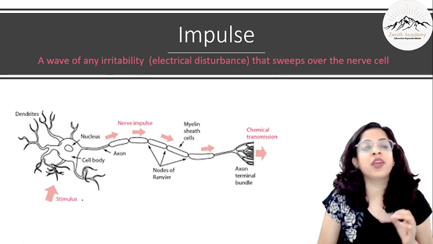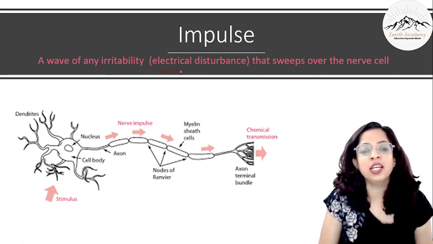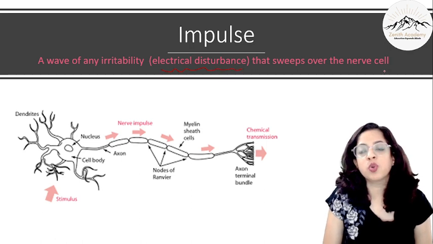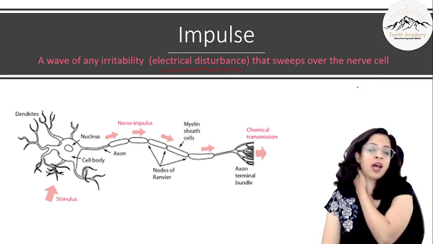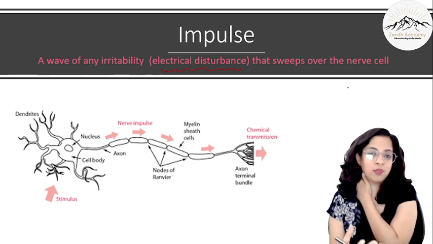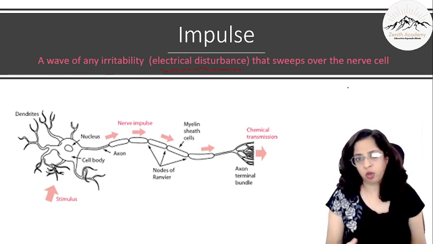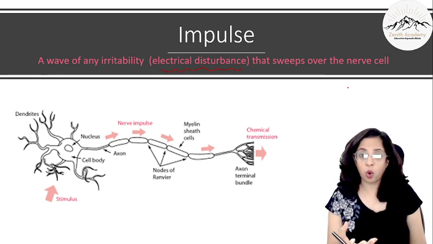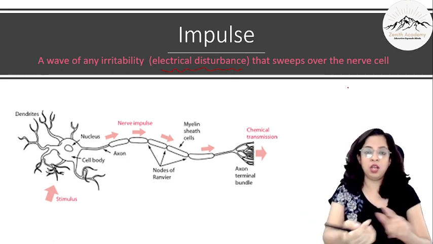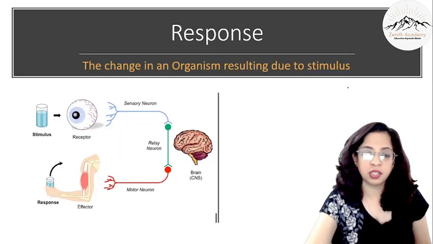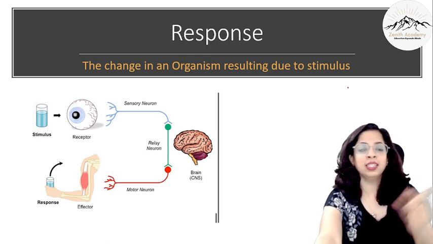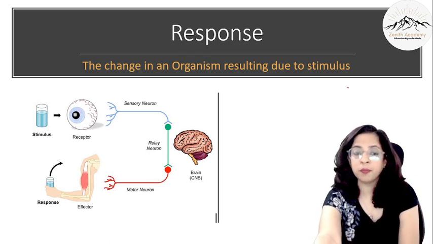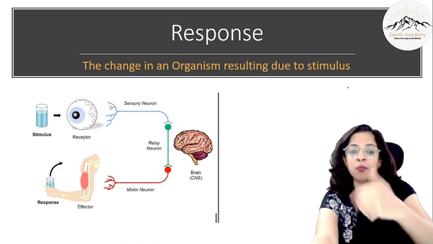Now what is impulse? A wave of irritability or electrical disturbance that sweeps over the nerve cell. Now why has all this happened? You have seen water and you're drinking it. When you have seen that water, the nerves, here you see the diagram, there is a sensory neuron, a relay neuron and a motor neuron.